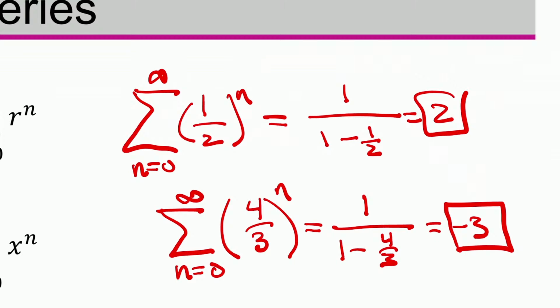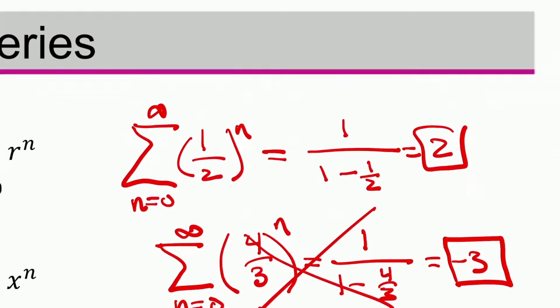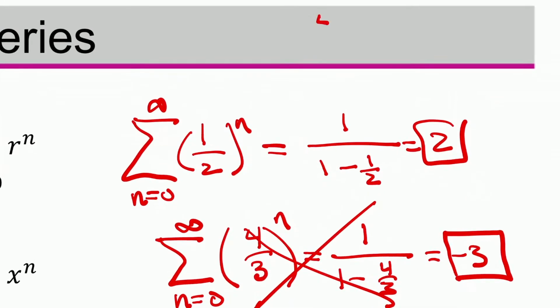Oh, so it's a trick question, Hayden, sorry. Can I use the same formula? No, I can't, because the common ratio is bigger than 1. Anytime the common ratio is outside the range from -1 to +1, it's a no. It diverges.